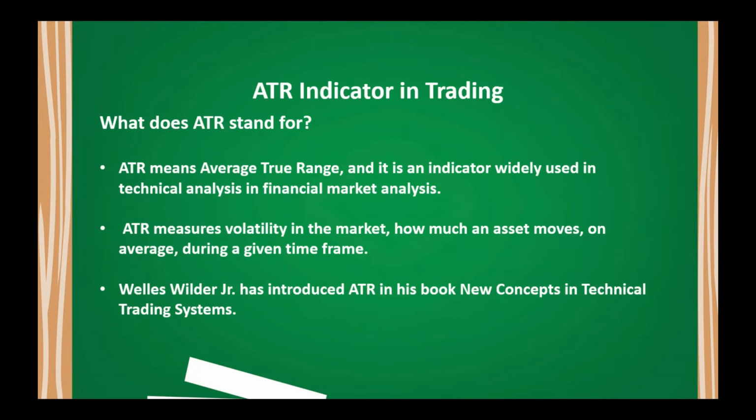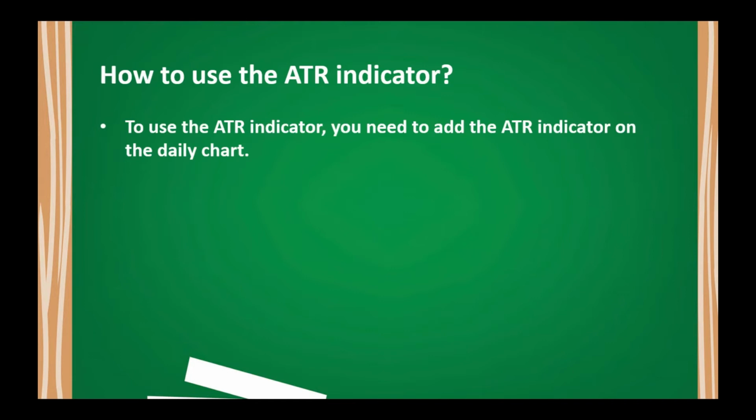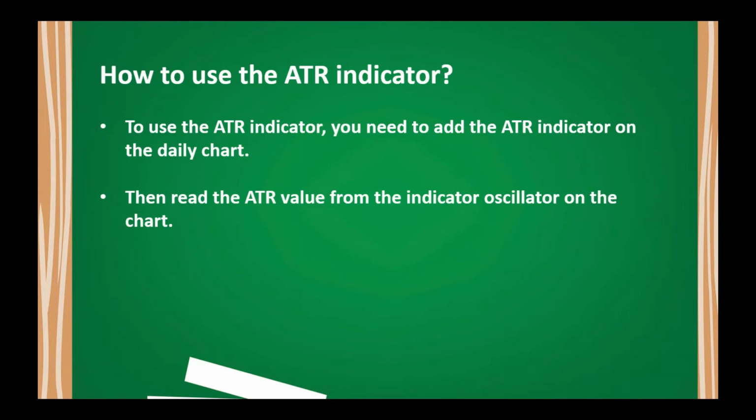Of course, the next thing people ask about ATR is how to use this indicator. To use it, you first need to add the indicator on the daily chart. For the start, put it on the daily chart. Why? I will explain further. Read the ATR value from the indicator oscillator on the chart.